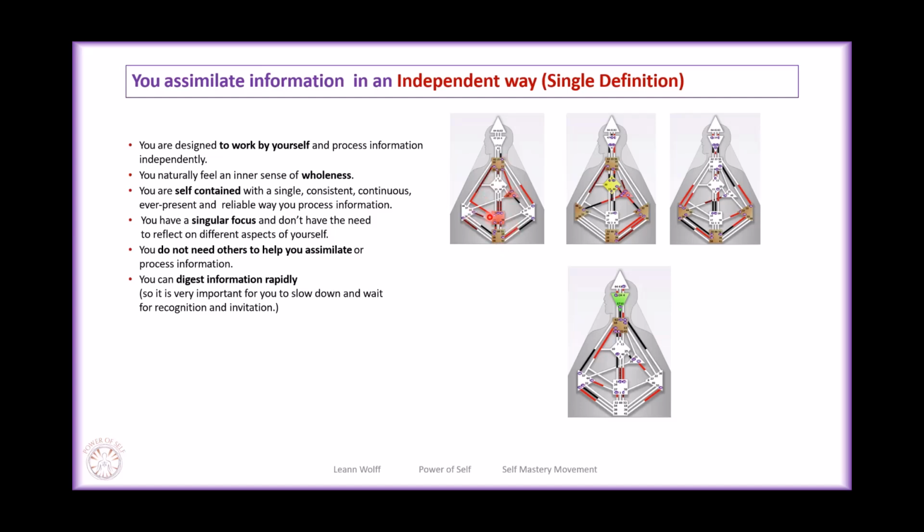The energy is not broken up. There's just one independent way for me to assimilate information. If you see here in this design, you go down, you go over, that is all connected. So all of the centers that are defined have a connection. That's what the individual assimilation is all about, that independent assimilation, and that single definition.